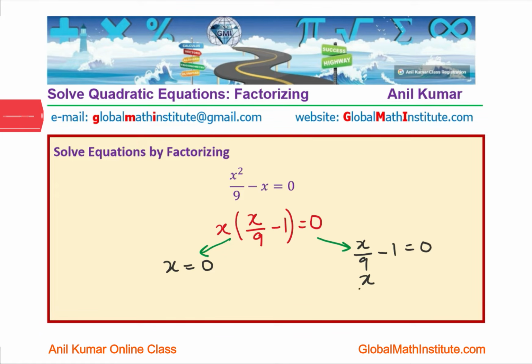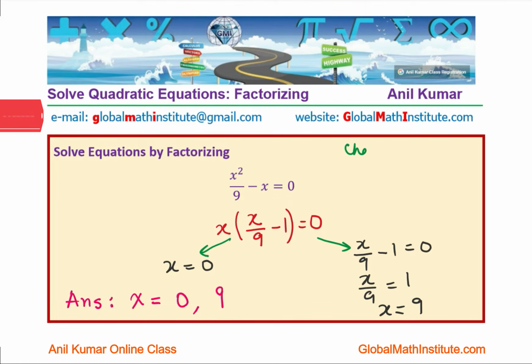So you say x over 9 is equal to 1, and that gives you x equals to 9 cross multiply. So we are again here with two answers. So the answer here is x equals to 0 and x equals to 9. Does it make sense to you, right? So like this, you can actually solve it. You can check your solution by substituting, right?